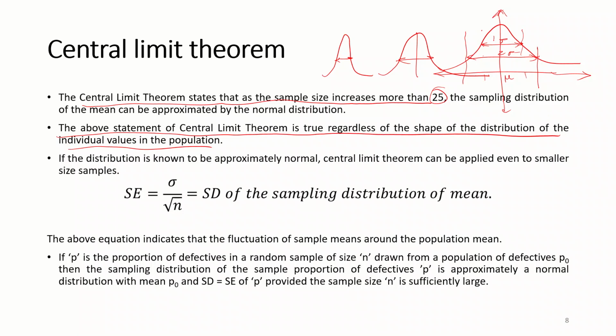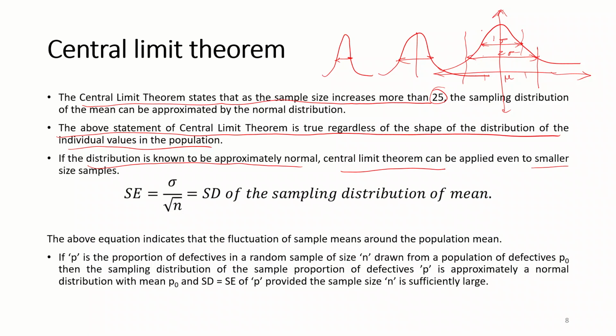Your population can have a Poisson distribution or another kind of distribution, but it is valid when you are sampling. If you have more than 25, the central limit theorem is valid. If the distribution is known to be approximately normal, you can apply the central limit theorem to smaller samples also, less than 25.